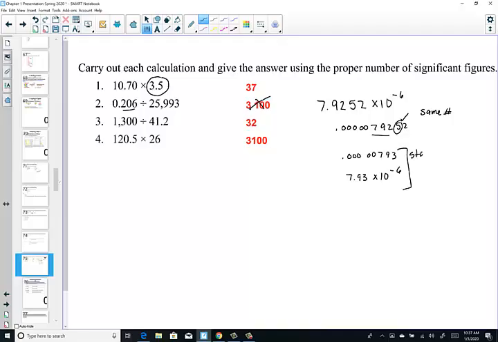This is known as standard notation. This is known as scientific notation. The third, we're reporting only 2 sig figs, so we report it as 32. And number 4, we're only allowed 2 sig figs, so 3100.